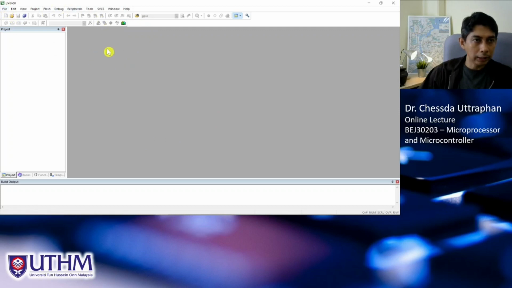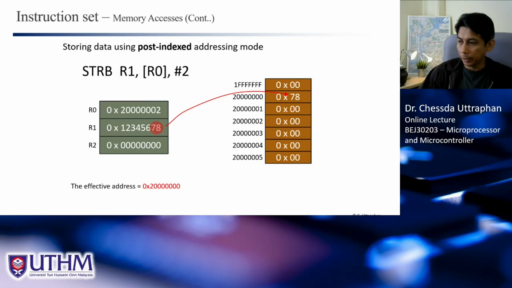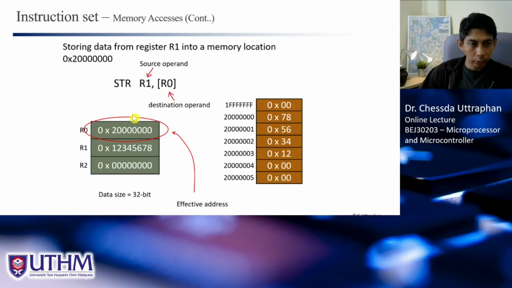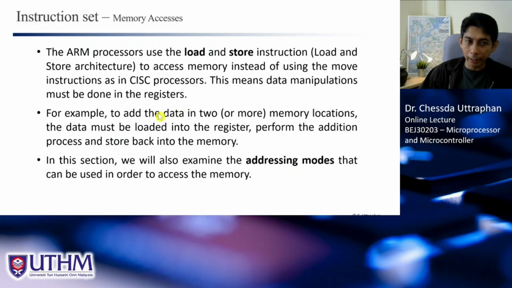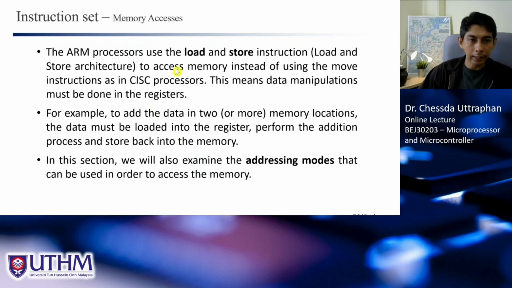So how to start a new project? For example, we want to write a very simple program to demonstrate what we have learned just now, which is moving data into the register or between registers, and also sending data into memory. How to do that here?